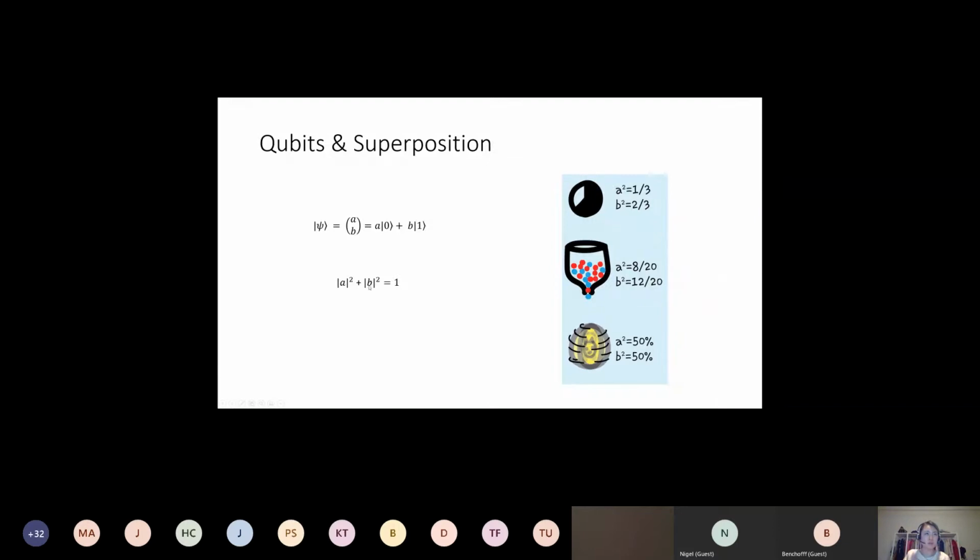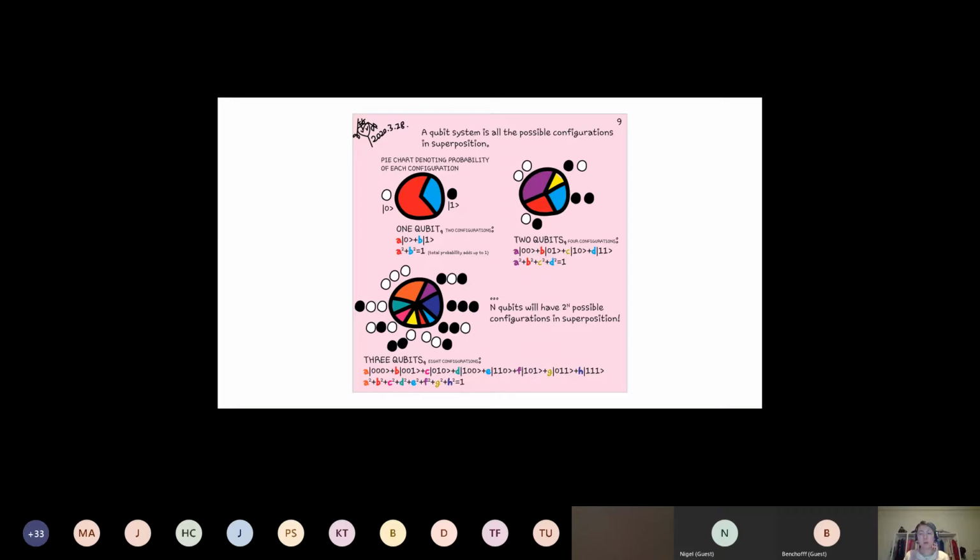So this amplitude squared means the probability of each state. When you have multiple qubits, you just add all of them up. That's why it's called superposition, which is also a linear combination of these different states. Each of them will have these amplitudes, and you square them and add up to 1.